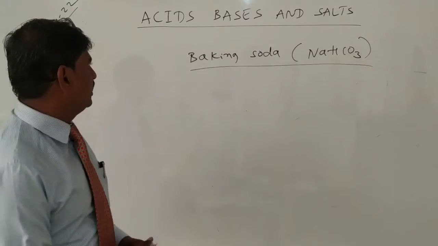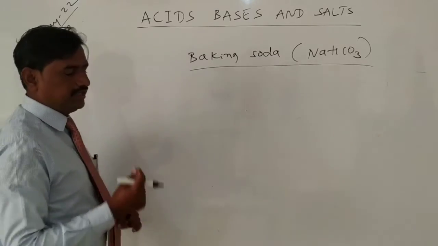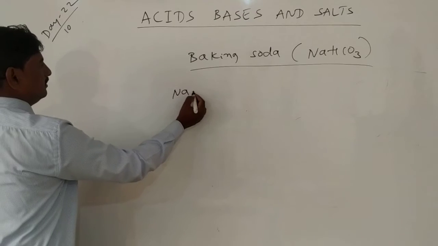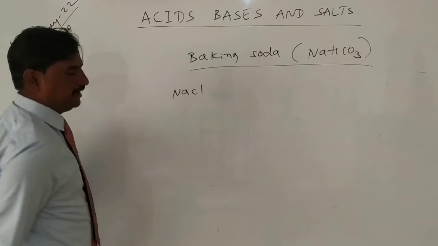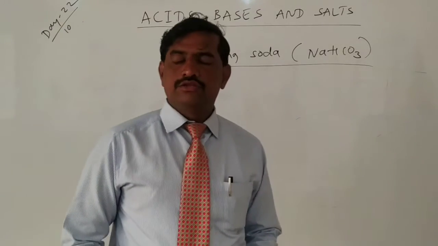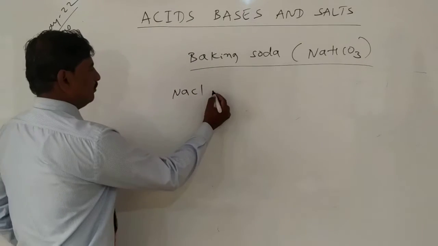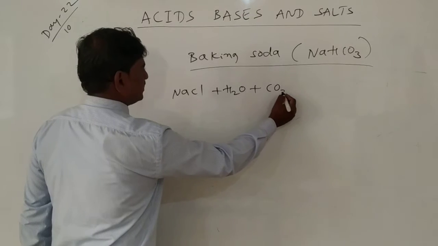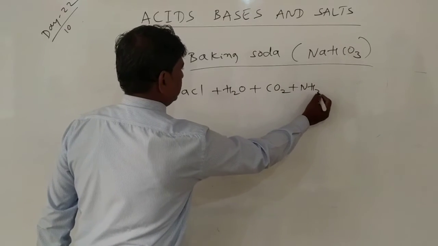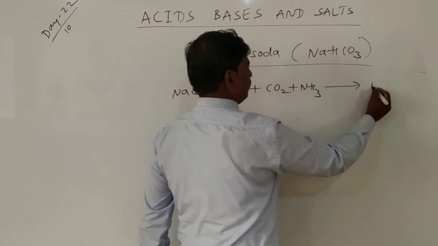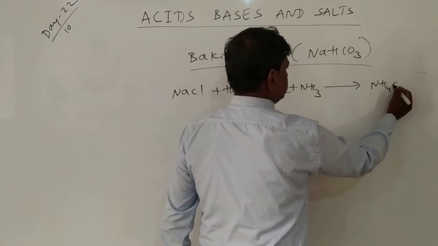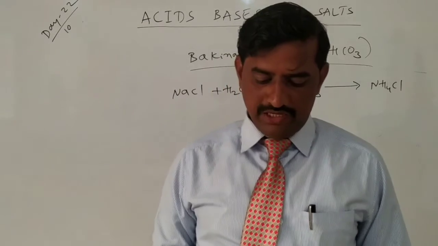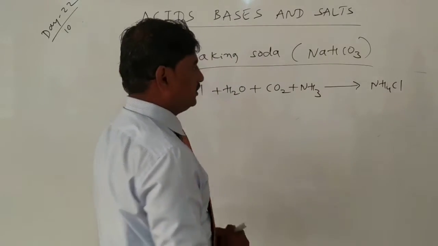How can we obtain baking soda? NaCl, which is nothing but common salt, with water, carbon dioxide and ammonia NH3, there is a formation of NH4Cl, that is ammonium chloride, plus NaHCO3.